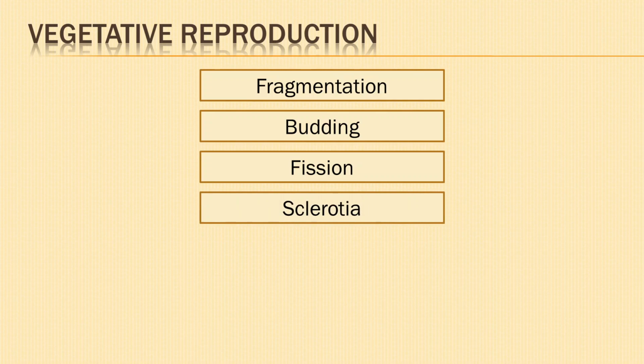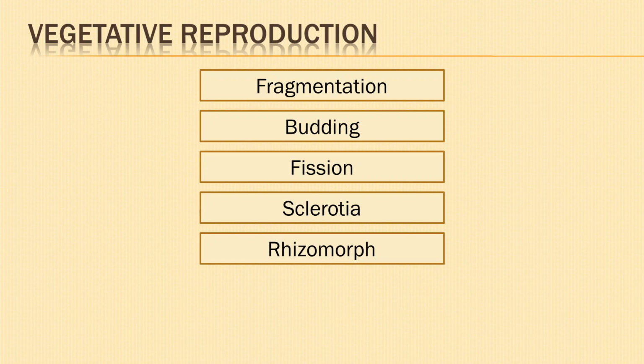Sclerotia are resistant and perennating bodies. They form a pseudo-parenchymatous structure. They remain dormant during unfavorable conditions and germinate into new individuals during favorable conditions, seen in Claviceps.